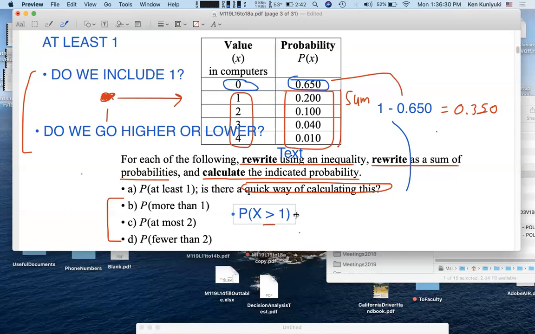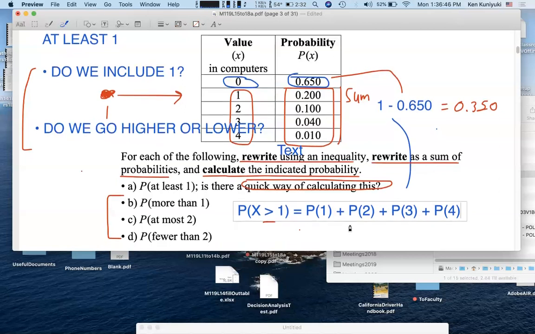And then what are the corresponding probabilities? What do we add up? We would add up P of 1, the probability of 1 computer breaking, plus P of 2, plus P of 3, plus P of 4, the probability of all 4 computers breaking. Or more easily, you could also compute this as 1 minus P of 0.